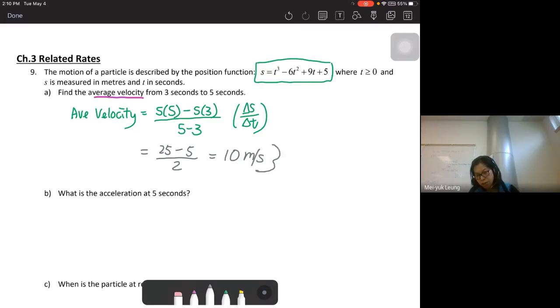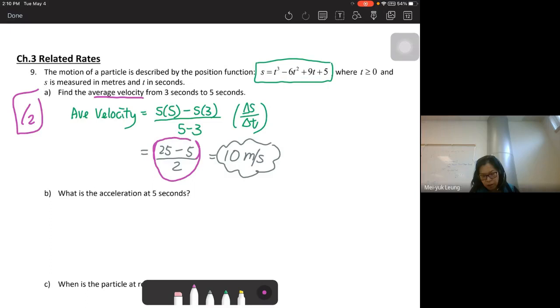All right, so that would be the average velocity of this particle on that time interval. Okay, now on the AP exam, like I said, if this is a 2 marks question, they are looking for the first mark based on you actually showing this expression.